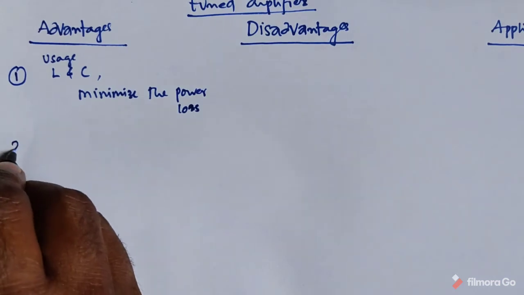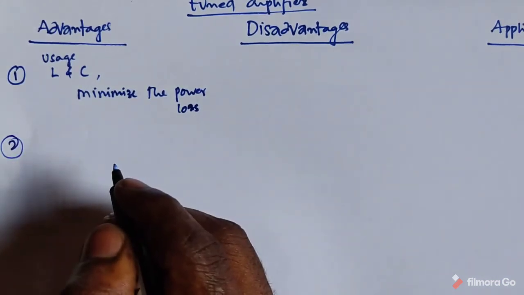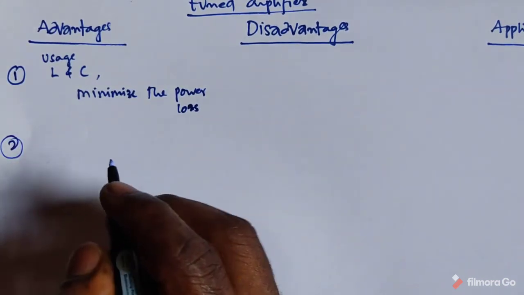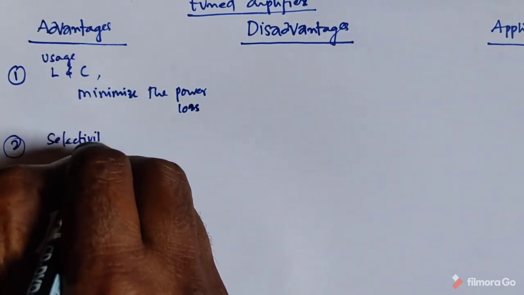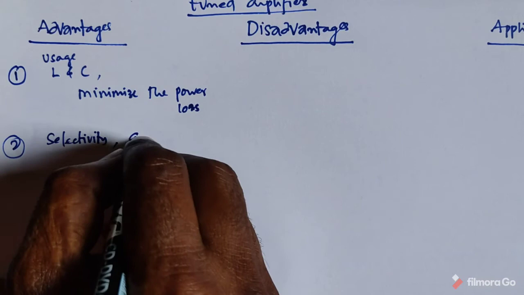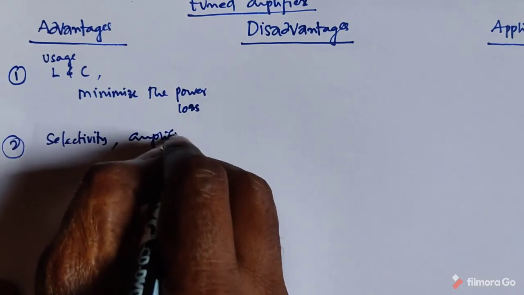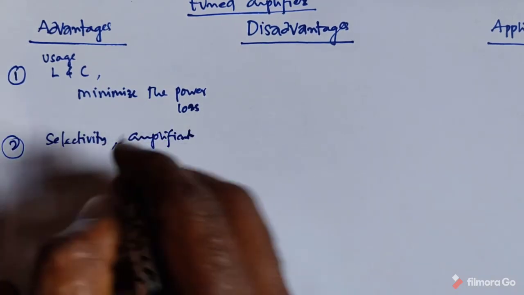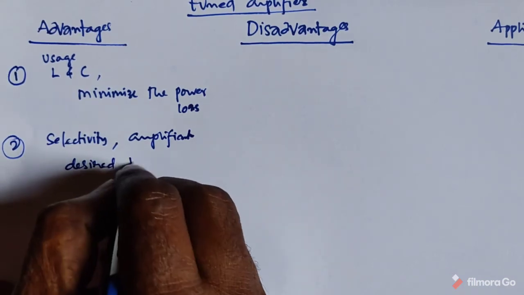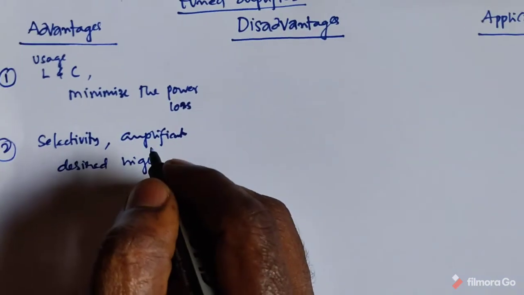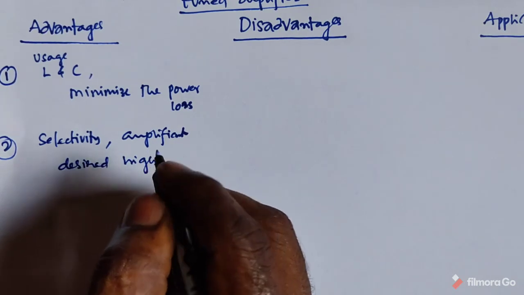The second one is that the selectivity and amplification of the desired frequency is high. The main factor is selectivity. The amplification of the desired frequency is high by providing higher impedance at resonant frequency.